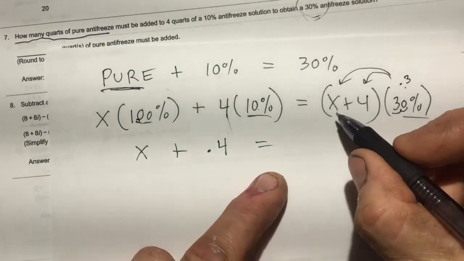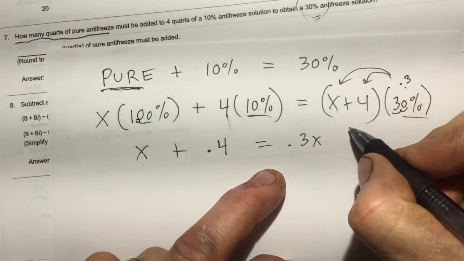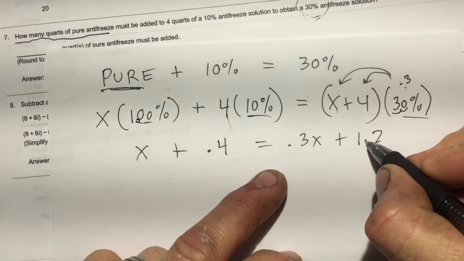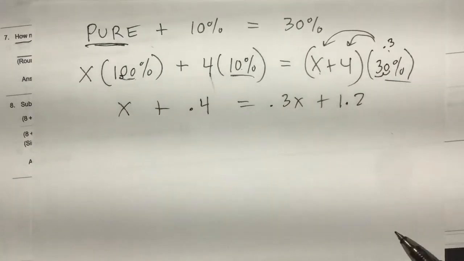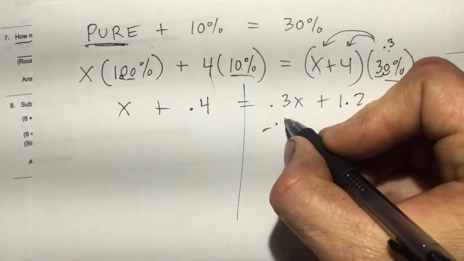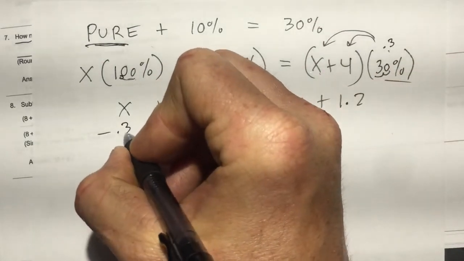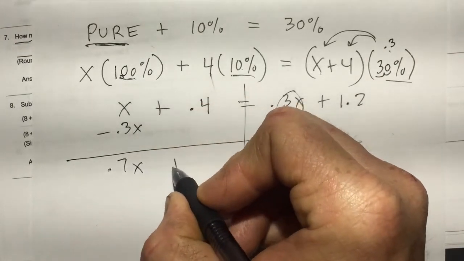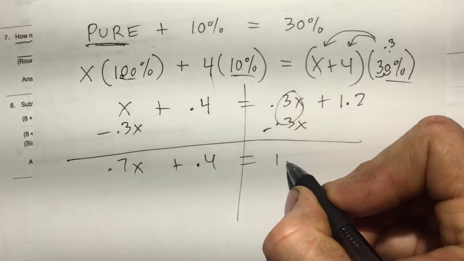So it's going to be 0.3 times x plus 0.3 times 4, which is 1.2. All right, and then it's just the same problem we've been doing. We got the minus 0.3x on both sides. This goes away. This is going to be 0.7x plus 0.4 equals 1.2.